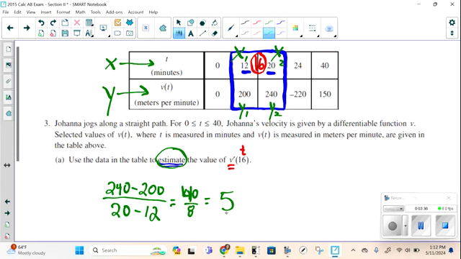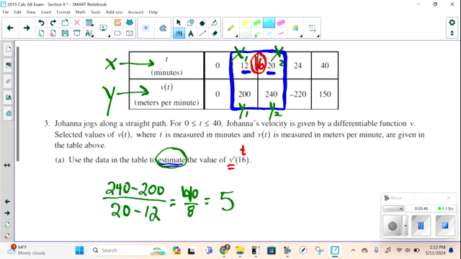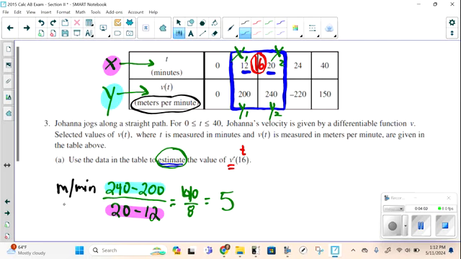I don't. But the only reason I am going to address this is that sometimes they tell you to give a label. And I just want to reiterate that these are my y's over my x's. The labels would follow numerator and denominator. My y is meters per minute, that would be on top, over my x label, which is minutes.